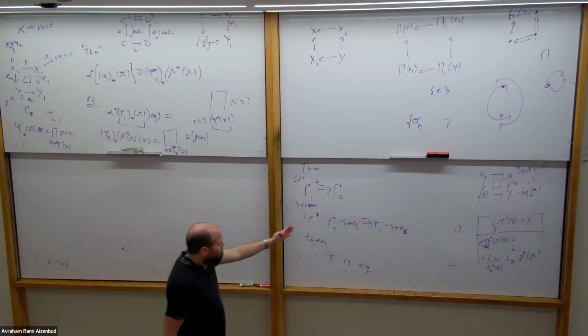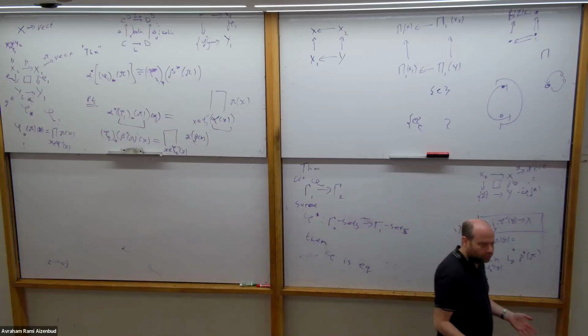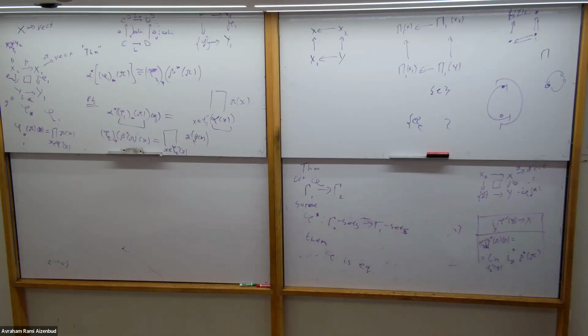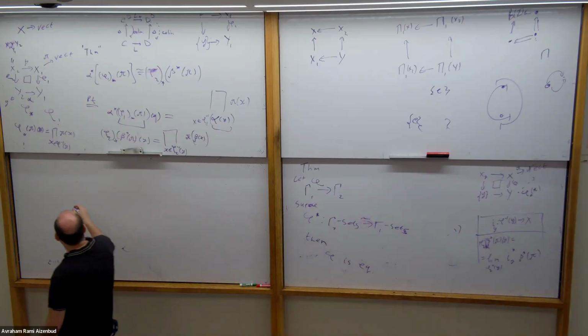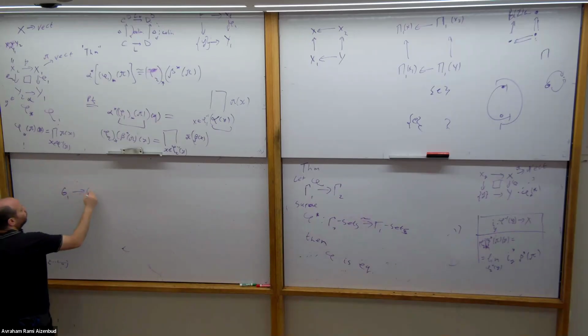So, okay, let's start with the case of BG. If you have BG1 and BG2, and a map between them which gives an equivalence of categories of G1 sets with G2 sets, then of course they must be isomorphic, because you just take the free G2 set. Why is it one to one? Let's see. We have G1 and G2.